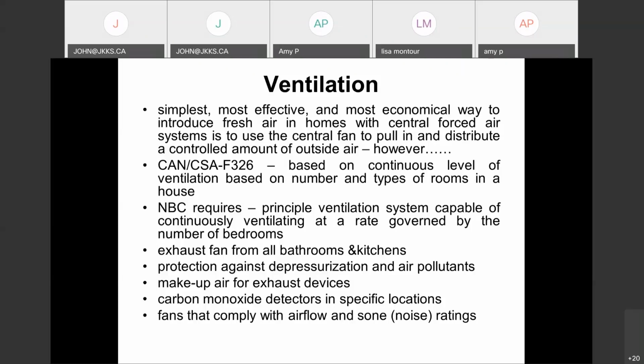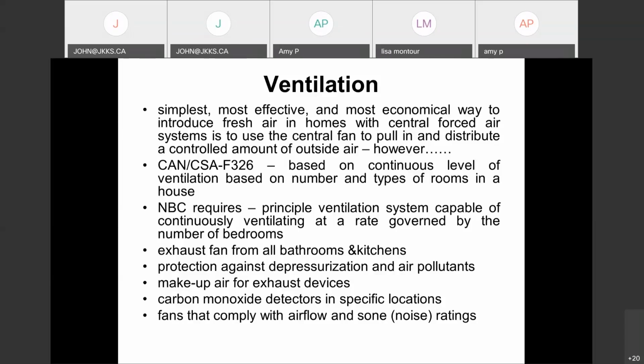So the National Building Code, NBC, requires a principal ventilation system capable of continuously ventilating at a rate governed by the number of bedrooms. One's by people, the other by rooms and spaces. And it is to protect against depressurization and air pollutants. And certainly all we have to think about is when my wife maybe is cooking some fish, that smell can linger for a while.